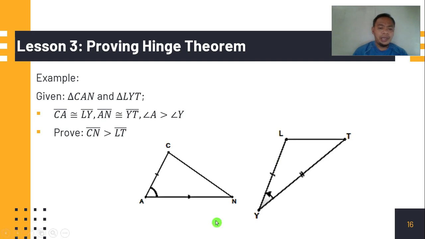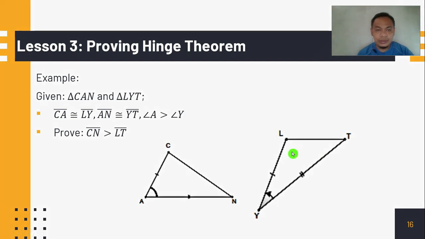Then AN is congruent to YT. And angle A is greater than angle Y. So let's prove that CN, the third side of this triangle, is greater than the third side, which is LT of this triangle.